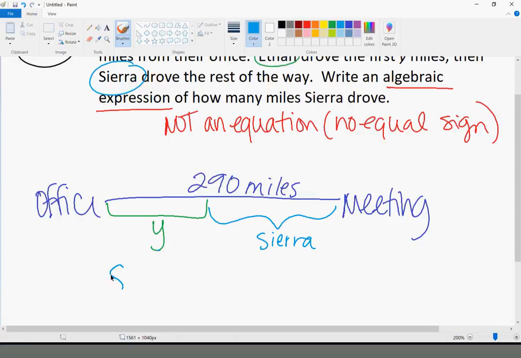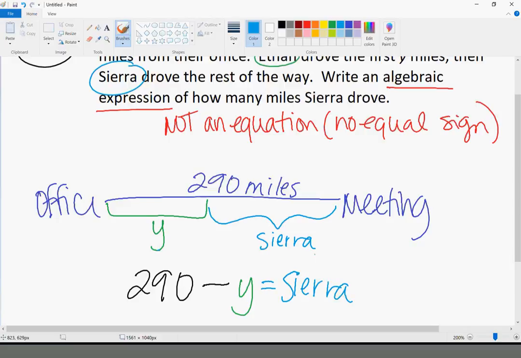So Sierra drives, so you got to get 290 miles, but take away whatever Ethan drove, which was Y, and this would tell you how much Sierra drove. That equals what Sierra drove.